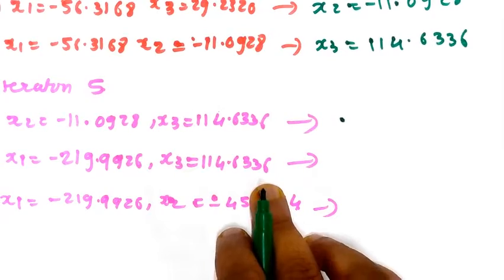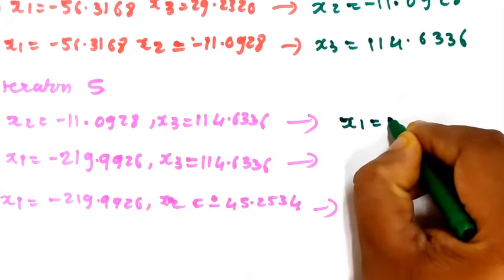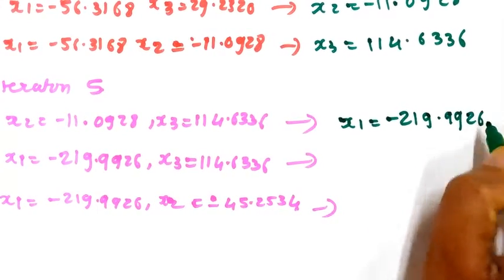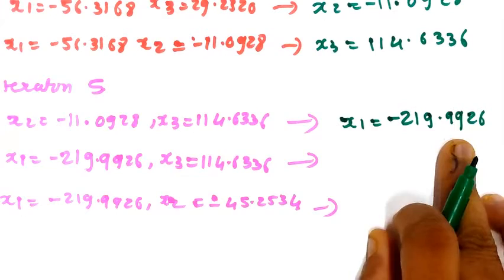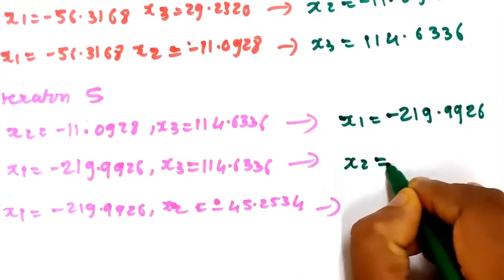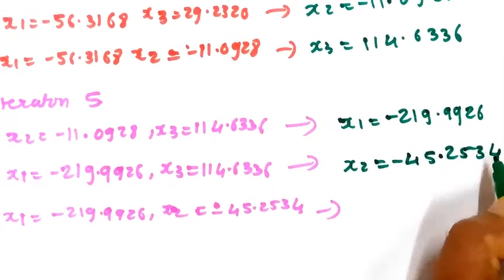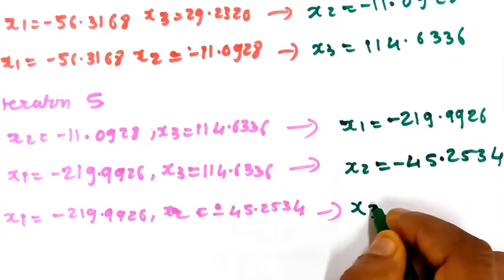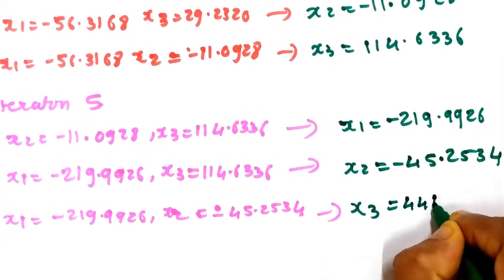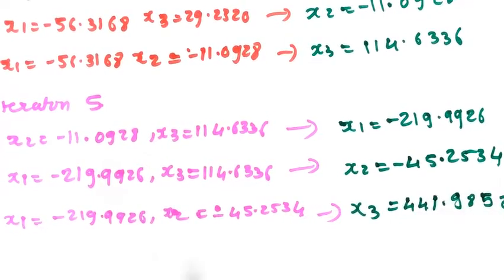And for iteration number 5, this is the last iteration, here you will get the required values. So x1 will be equal to minus 219.9926. Take up to 4 decimal values. x2 will be equal to minus 45.2534 and x3 will be 441.9852.